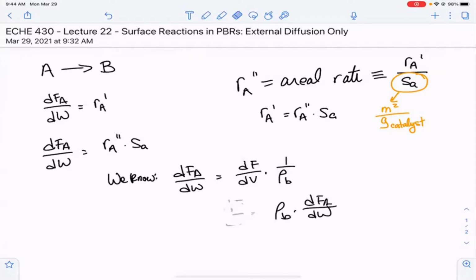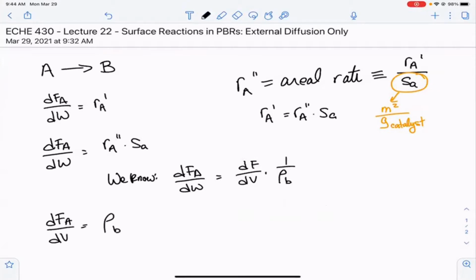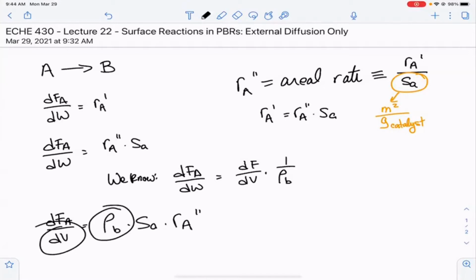And actually the better substitution here is just to end up with this equation where dF_A/dV is then equal to rho_B times S_A times r_A double prime. Basically we've just introduced rho_B back into here to get things in terms of volume. We're going to do this because in a minute we're going to go to length, but I don't want to do that quite yet.